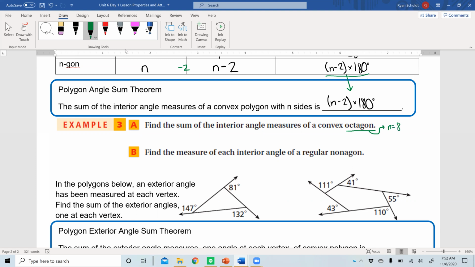We just want the sum of the angles here. That's what this theorem tells us. We just straight up plug 8 in. So 8 minus 2 times 180 degrees. That would be 1080 degrees.